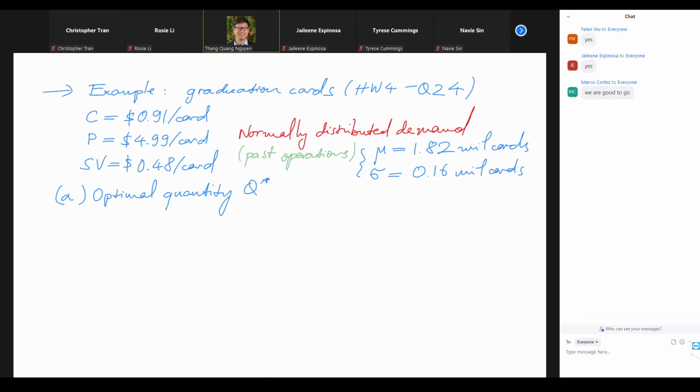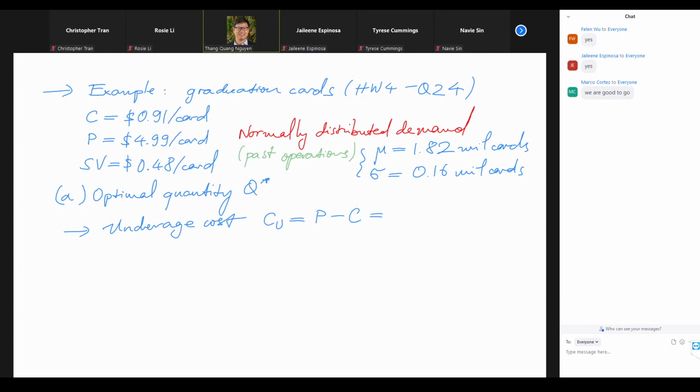To do that, first of all, we need to find the underage cost. It means that if we carry too little, we lose a potential profit, right? So how much is that? So CU equals the price that we would get if we can sell the items, minus the cost if we have the item, right?